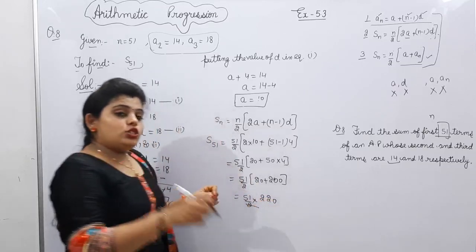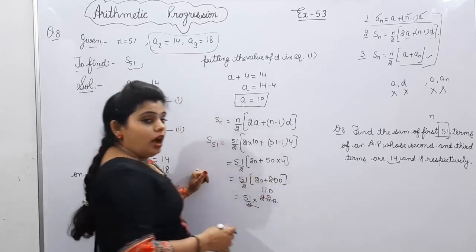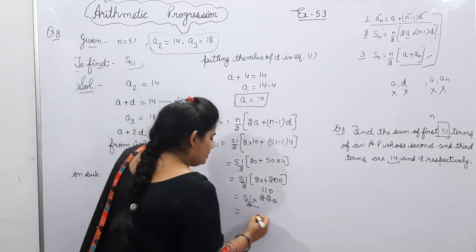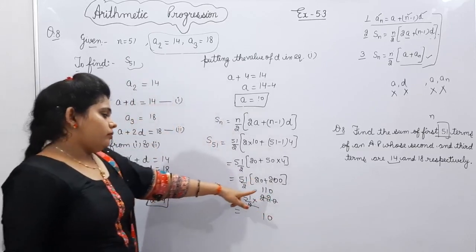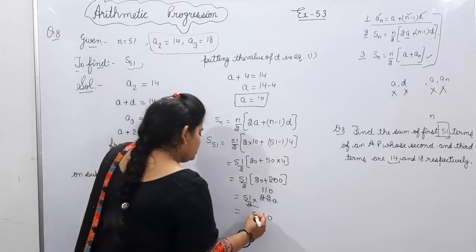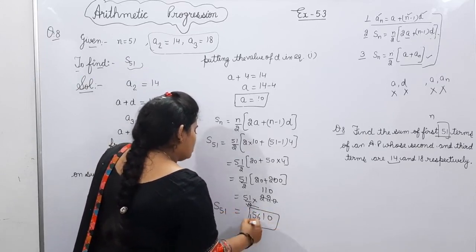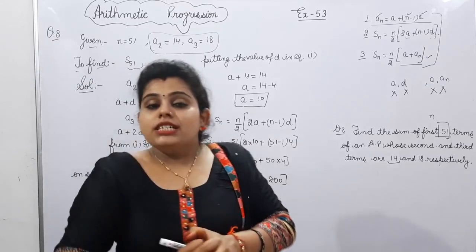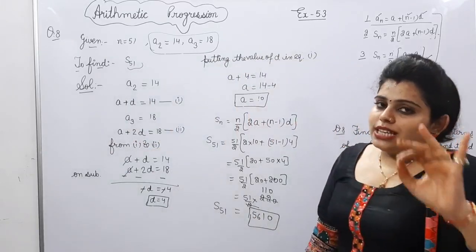Now dividing this 220 by 2 we will get 110. Now do the multiplication. 0, 11 ones are 11, 1 carry, 11 fives are 55, 55 plus 1, 56. So S51 will be equal to 5610. It means the sum of the first 51 terms of this AP is 5610.